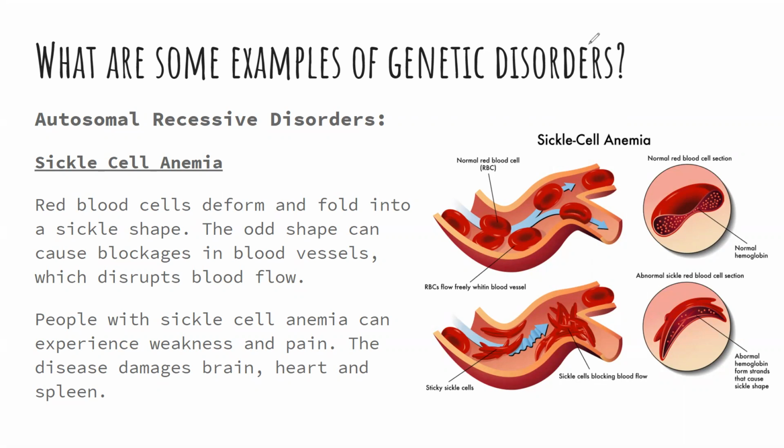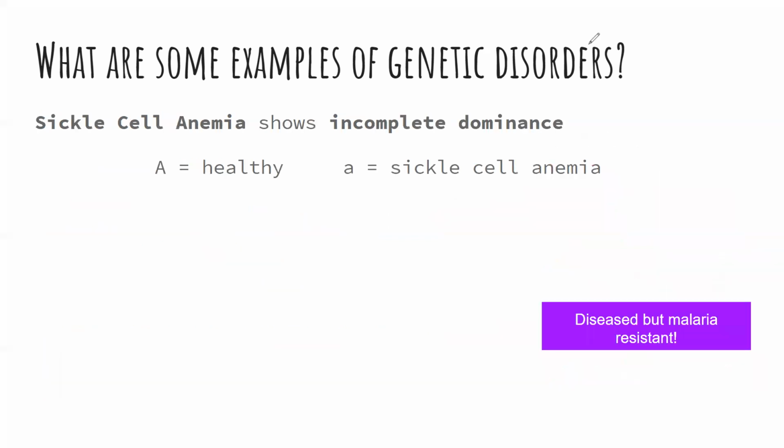So people with sickle cell anemia can experience weakness and pain, and it also can damage your brain and your heart and your spleen because your blood is your life supply. It carries oxygen to your tissues wherever you need it. So sickle cell shows incomplete dominance.